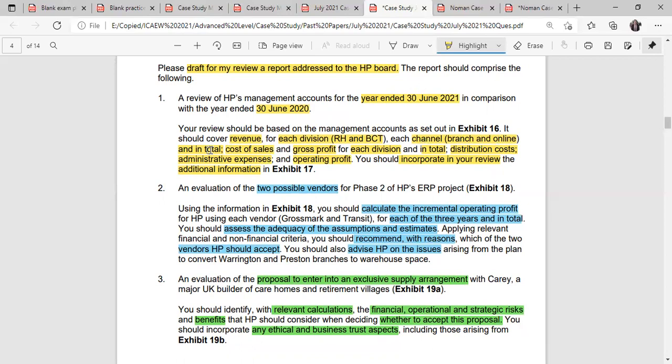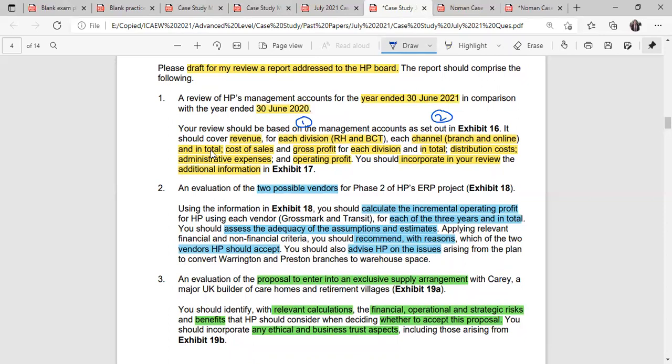So in this point, first of all, we have revenue for each division, RH and BCT. Then revenue for each channel. Yes, according to our advanced information, we know that primarily there are two revenue streams.